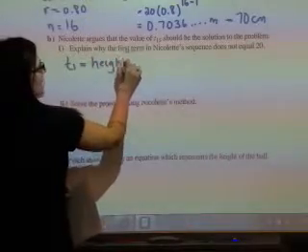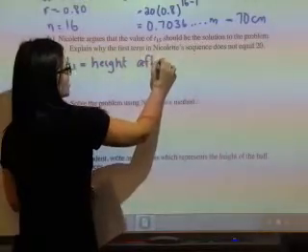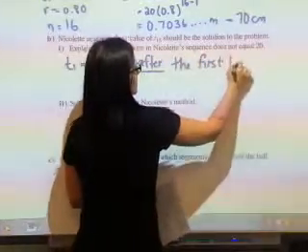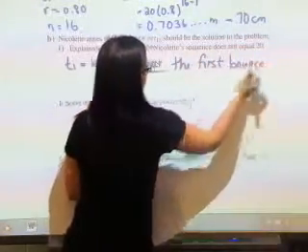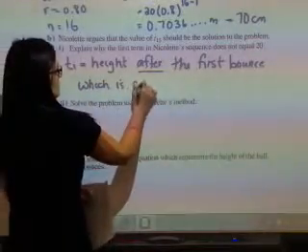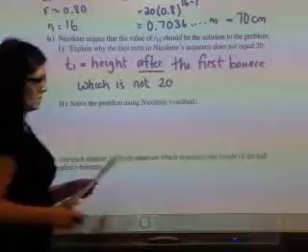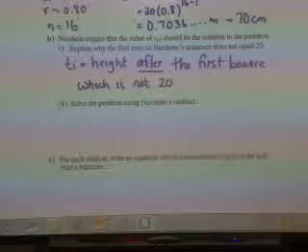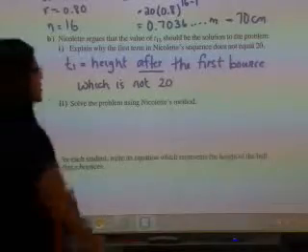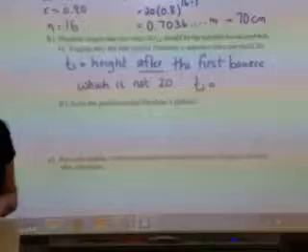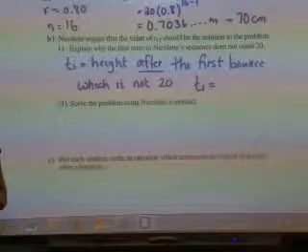Because T of 1 has to be the height after the first bounce, which is not 20. What would the first term then be? What would be the height after the first bounce?